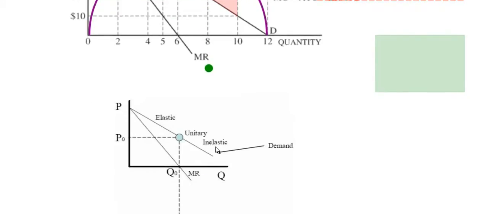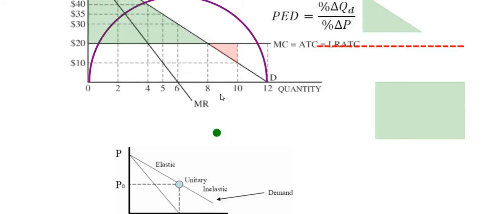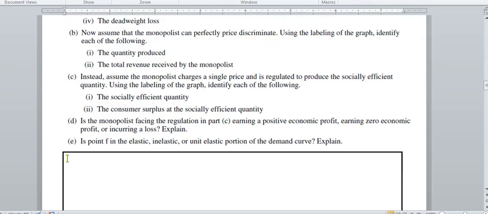When marginal revenue is negative, then we are on the inelastic portion of our demand. You can explain this two ways. You can say it's where marginal revenue is negative, or where total revenue is decreasing at that point on the demand curve. So that's why we are on the inelastic. So the answer would be inelastic.